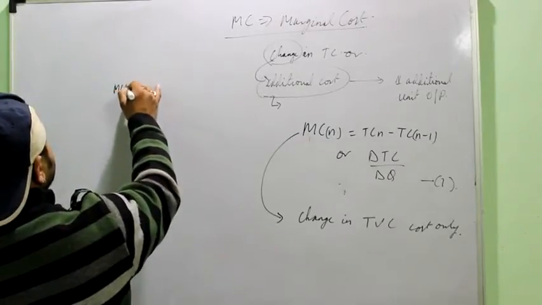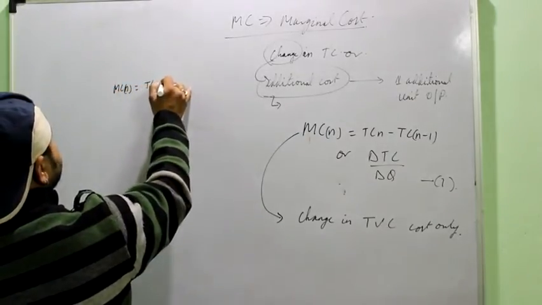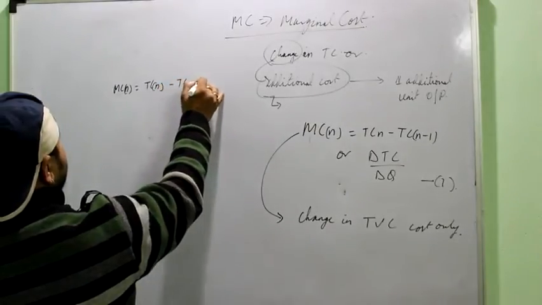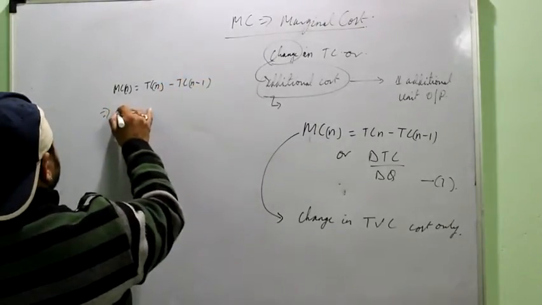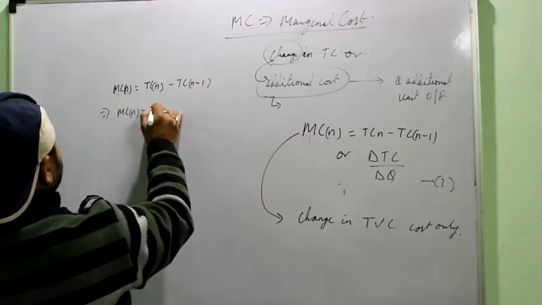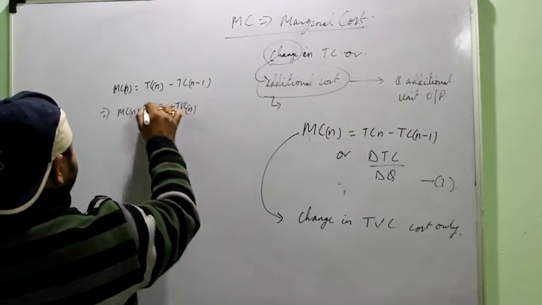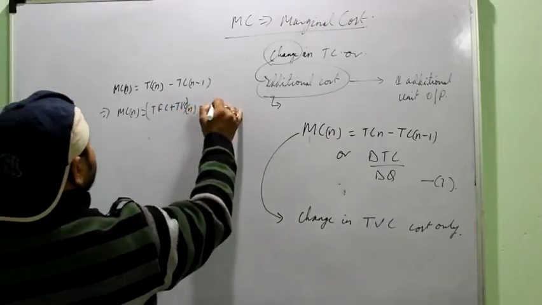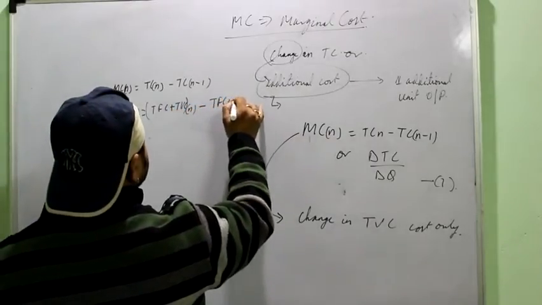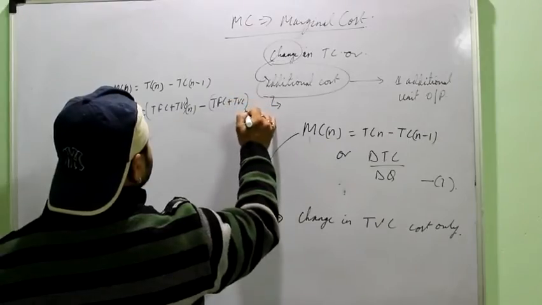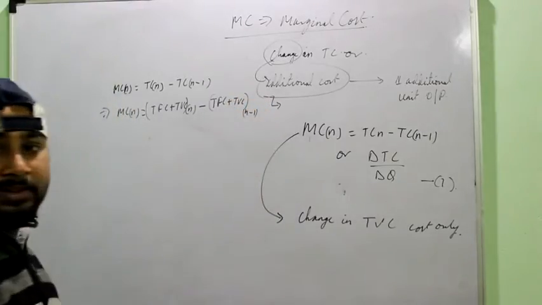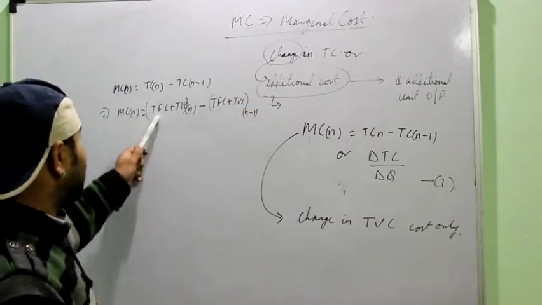Mathematically it can be proved. See, it can be written that MC at n is equal to TC at n minus TC at n minus 1. So it means that MC at n is equal to TFC plus TVC at n minus TFC plus TVC at n minus 1. What I have done, I have simply broken TC into TFC plus TVC.